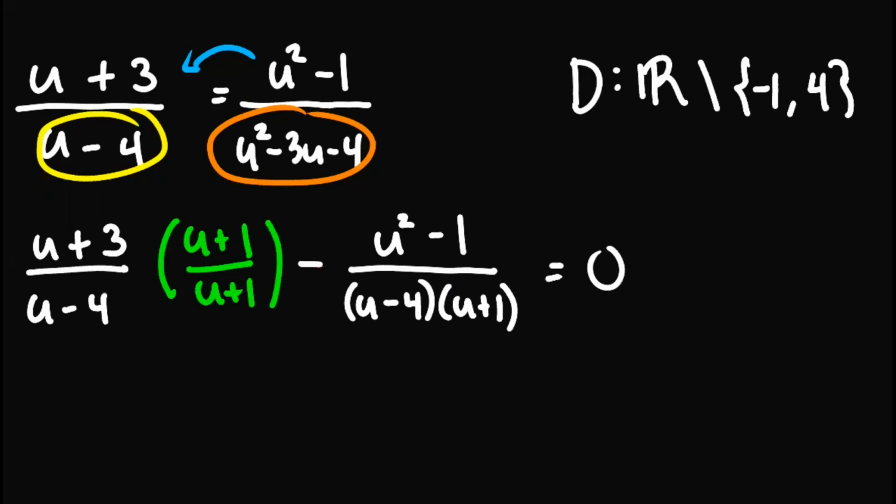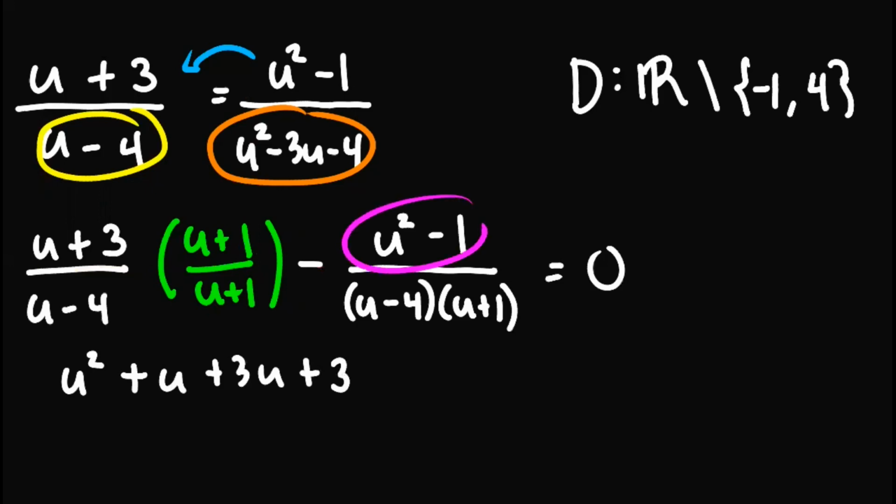And so we'll have first u plus 3 times u plus 1 by FOIL method. That would give us u squared plus u plus 3u plus 3. Then we've got this one out here.